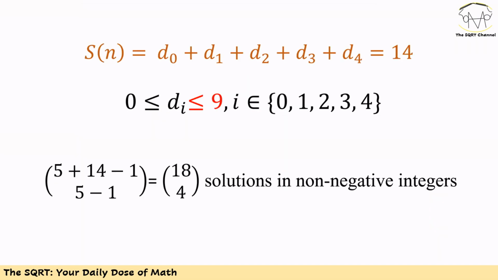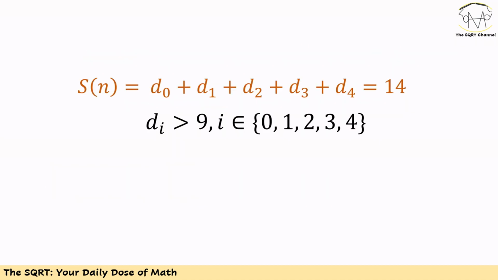The total number of cases that we have to meet just di greater or equal to 0 is going to be 18 choose 4. However, we are ignoring the fact that each di should be less or equal to 9 here. So there are cases that we need to remove from this number of cases that we have.